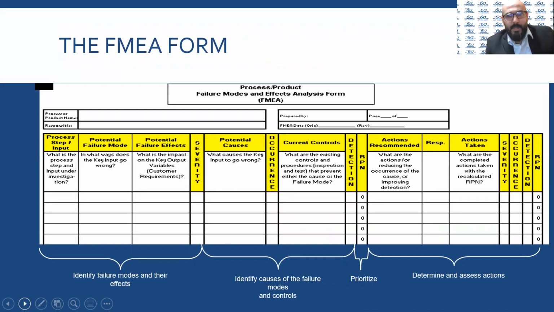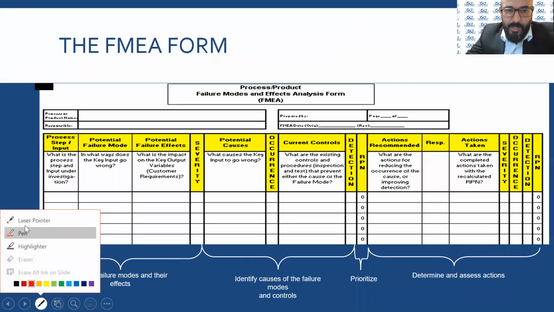Okay, how could we construct that, or what does the form of the FMEA look like? This screen shows you the format or the template for the FMEA, and you will see the input, the potential failure mode, the potential failure effect, and the severity. I want you to focus on these three things. I'm going to try to explain it very quickly here.